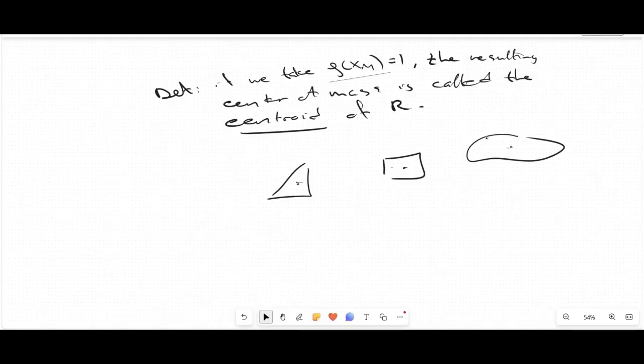And it's called the centroid. Should I just do one example where we do that? And then I'm going to proceed. Let's do, where is it? Yeah, this guy right here.